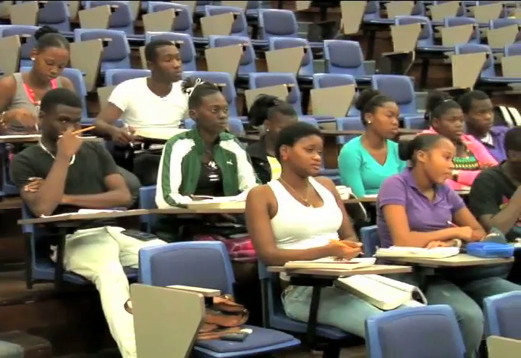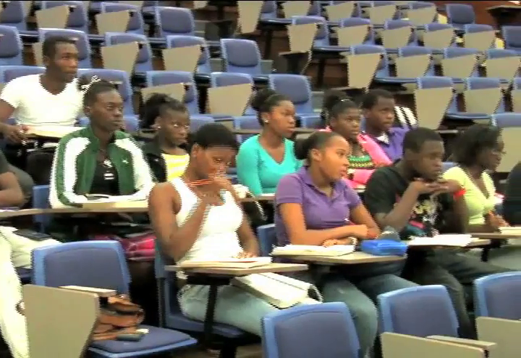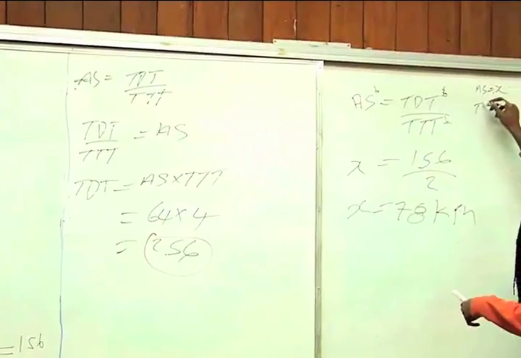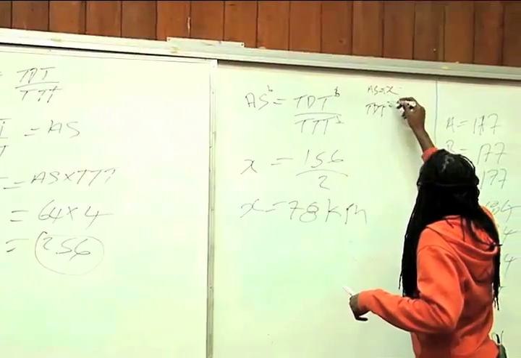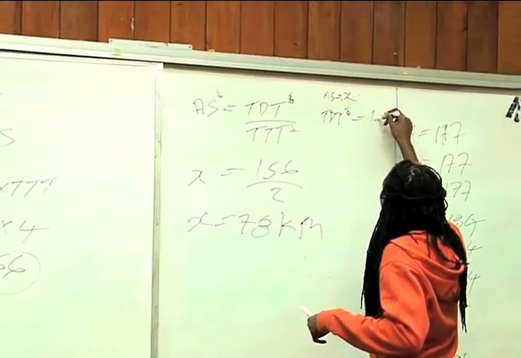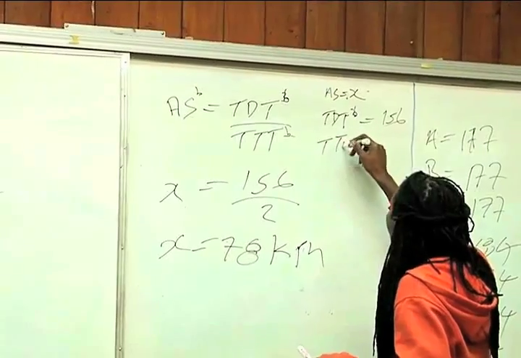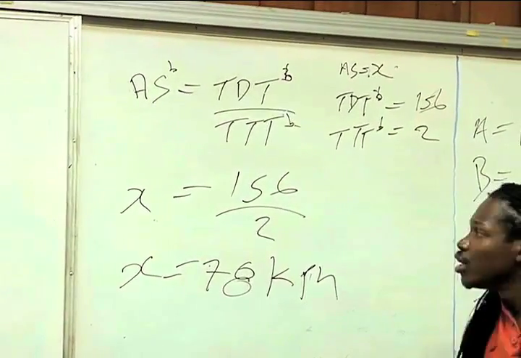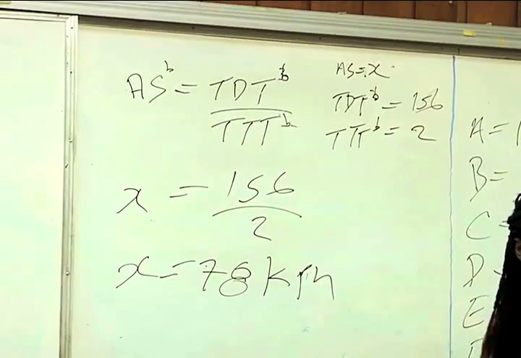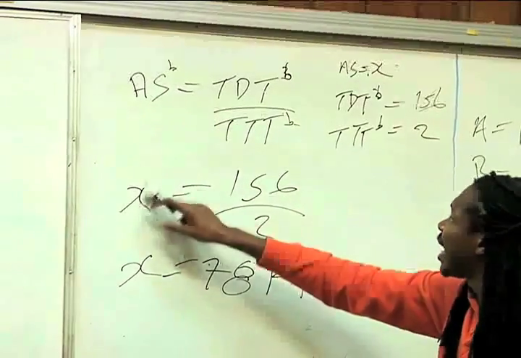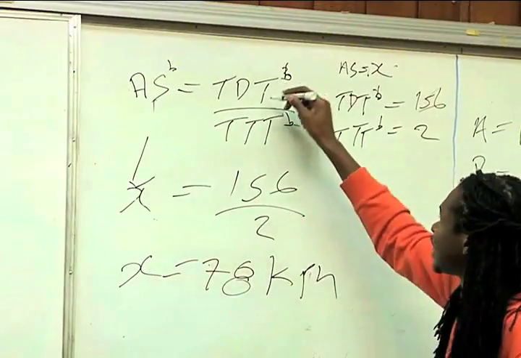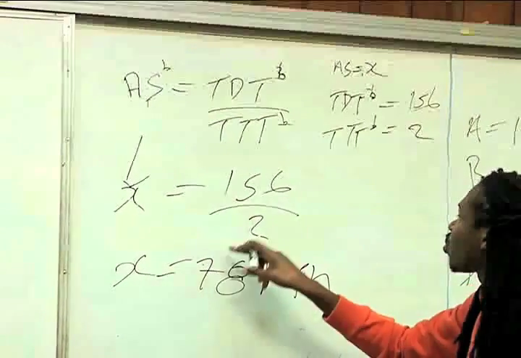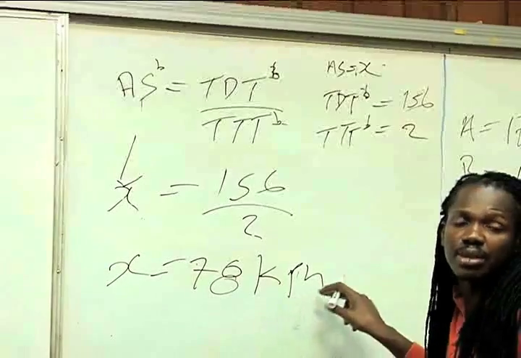So if this is the formula, where AS equals X, TDT 2 equals 156, and TTT, which is total time, equals 2, we can put it in our formula. Average equals X, TDT 156, TTT 2, that means X equals 78 kilometers per hour.